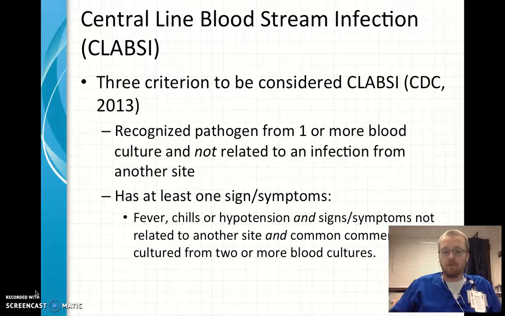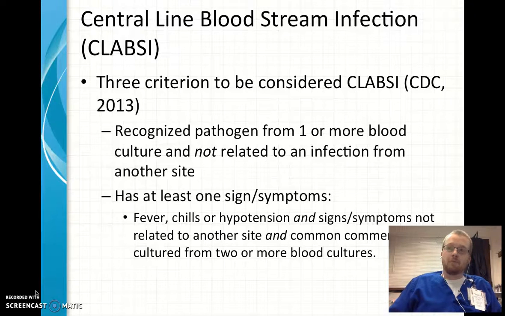There also has to be at least 1 sign or symptom associated with fever, chills, hypotension, and again, this cannot be related to another infection, and a common commensal must be cultured from 2 or more blood cultures.